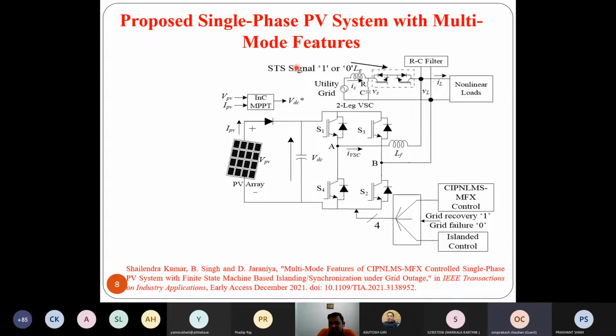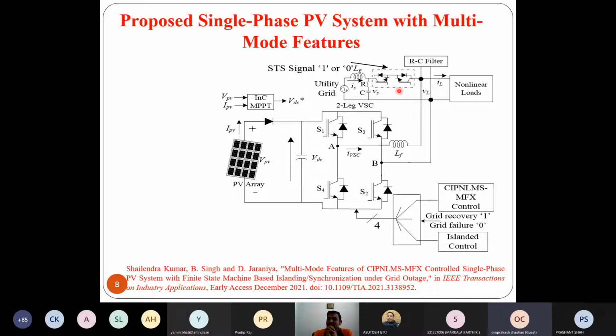Static transfer switches we have connected, and these static transfer switches are supplied with 1 and 0. 1 and 0 means on and off. And these switches have bidirectional power flow capability.